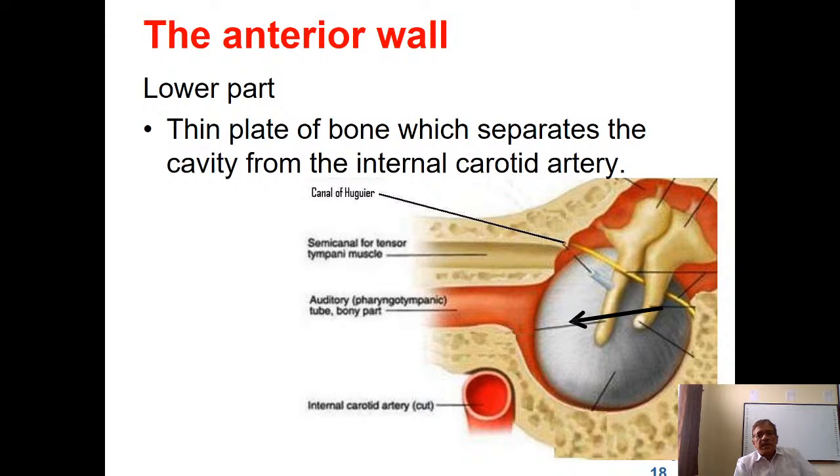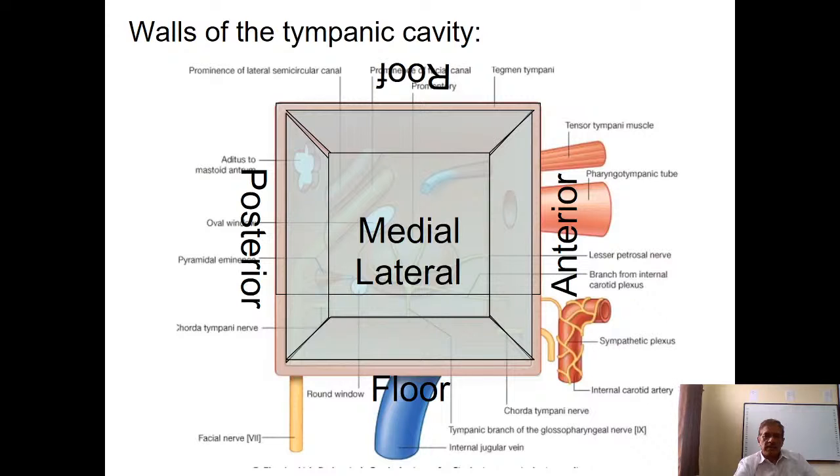Then we come to the anterior wall. This is called the anterior wall, and this anterior wall is in relation to the carotid artery. You have the carotid foramen, and that is in relation to the anterior aspect of the middle ear cavity.